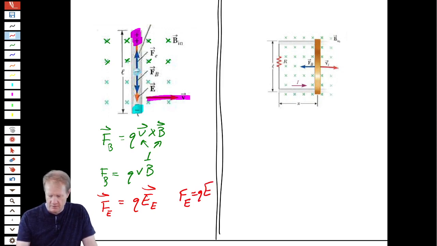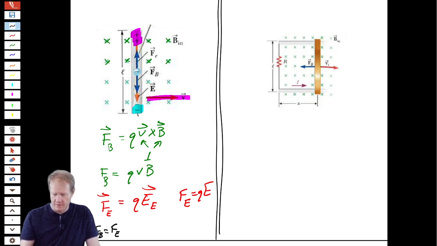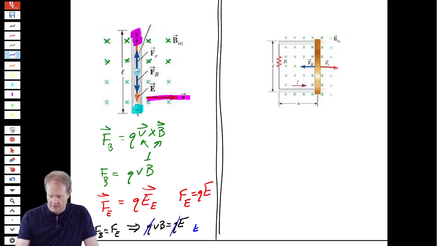All right, so finally, we can say that those are going to be in balance. Fb equaling Fe, so it's in equilibrium as that bar is flying along. And so we've got qvB equaling qE. We can cancel the q's now, and we find out that the electric field equals v times B.